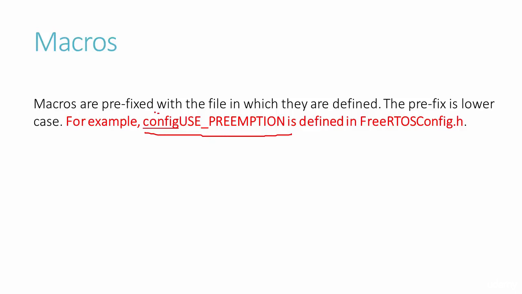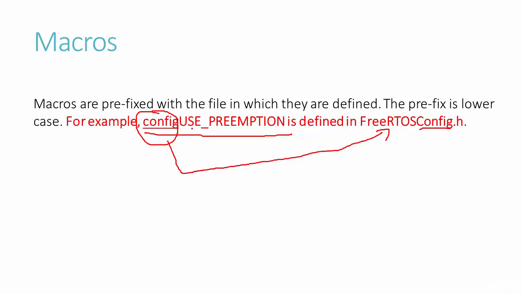So here the first word is config, which is written in small letters, isn't it? This word actually indicates in which file the macro is defined. So this indicates that this macro is defined in pre-RTOS config.h. So they have picked up this word and they have used it as a prefix for this macro.